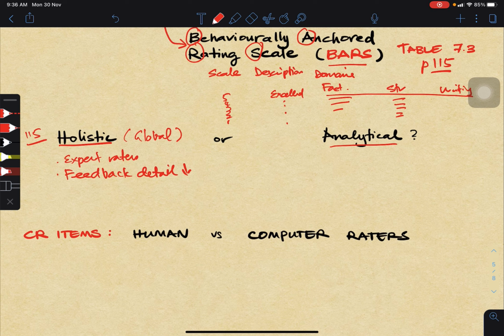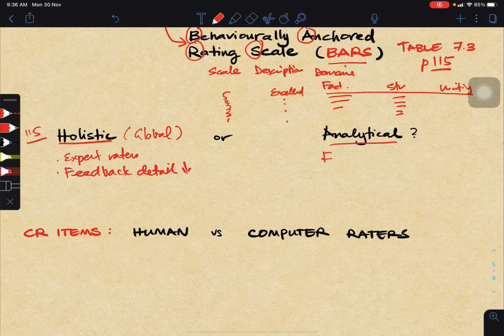Whereas if you go for analytical, the feedback detail is higher, but of course it needs more time to go through and use analytical scoring.